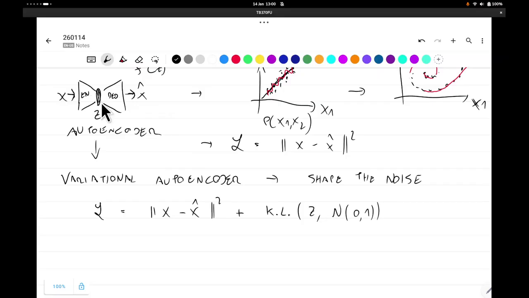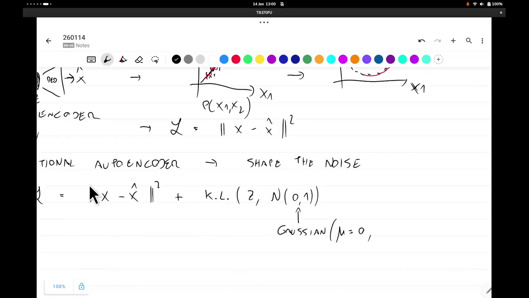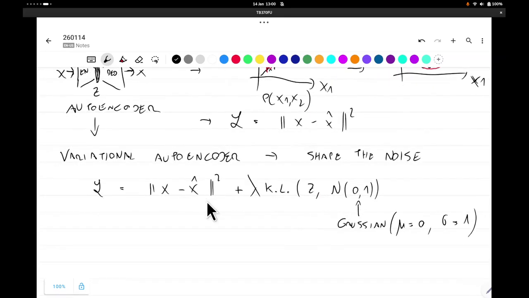So I select, unsurprisingly, a Gaussian, with average equal to 0 and sigma equal to 1. So this is a normal Gaussian. I want this distribution in the latent space to be as close as possible to this Gaussian. For this I use the Kullback-Leibler divergence, some measure of how different I am from a target distribution. And then there is a coefficient here.